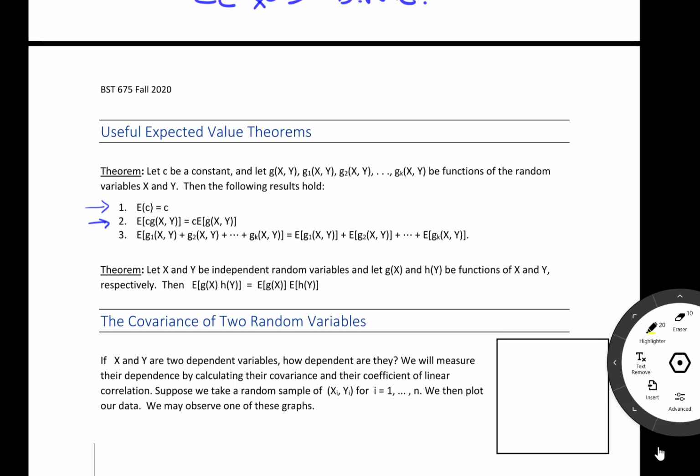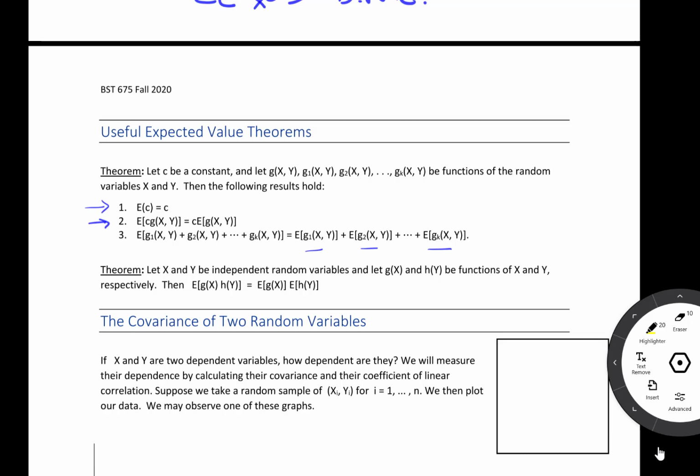And then here in the last one, notice if we have the expected value of a sum of functions of x and y, then that is equal to the sum of the expected value of those functions. And so again, we saw something very similar in the univariate case.